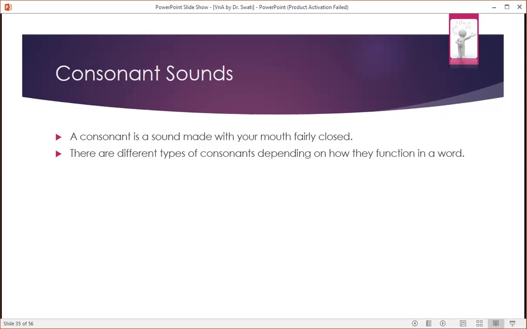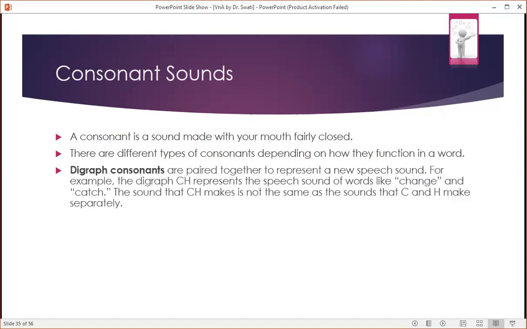There are different types of consonants depending on how they function in a word. Please focus and understand this. First one is digraph consonant. Okay, digraph consonants are paired together to represent a new speech sound.